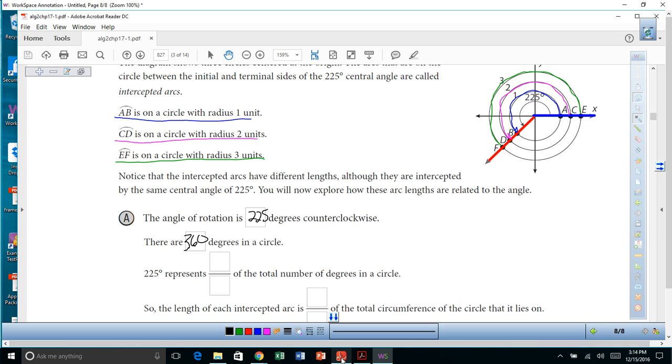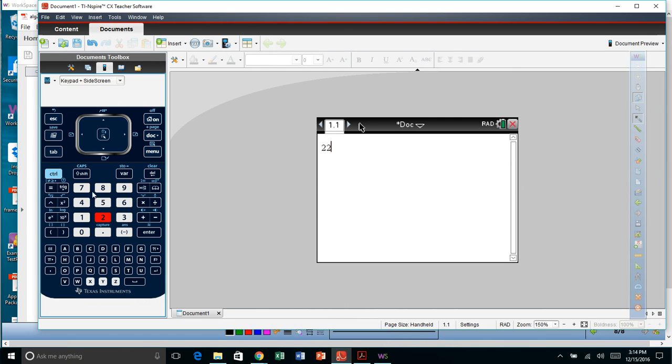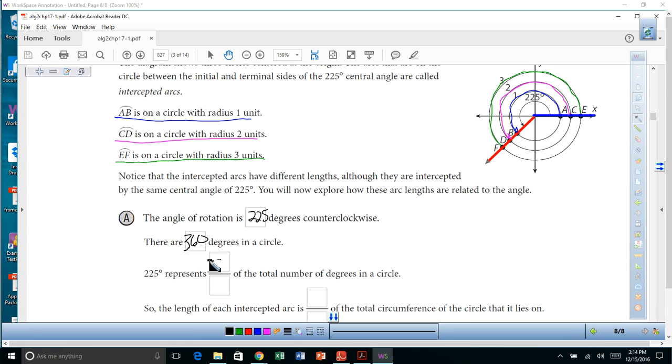So let's do 225 divided by 360, and that's 5/8. So 225 degrees represents 5/8 of the total number of degrees in a circle.